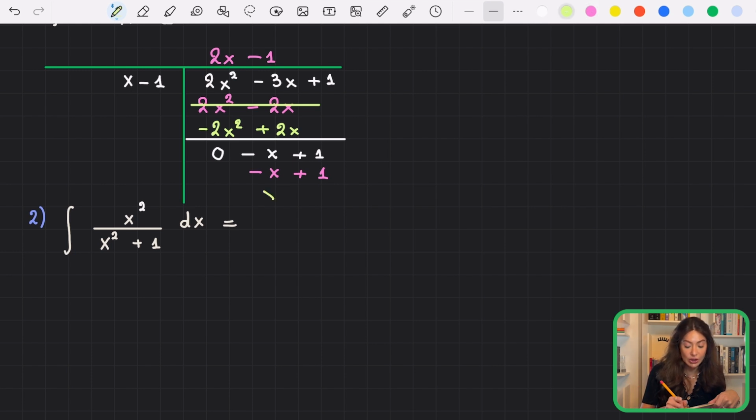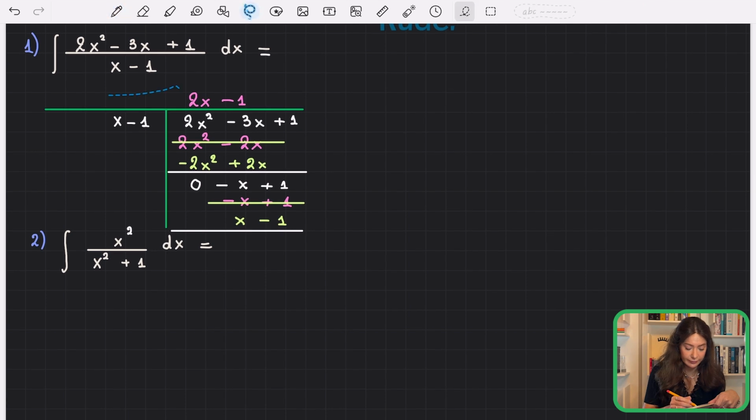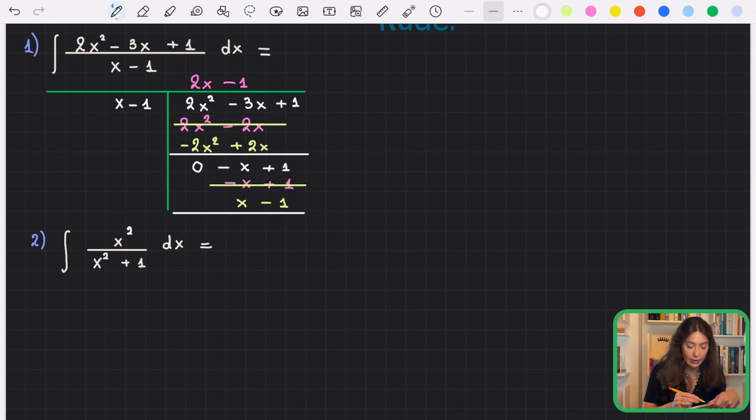And I'm also going to change the sign of this line as well. Don't forget to cross it out because you don't need that anymore. I'm out of room. So this will be -x plus x, 0, +1, -1, 0.